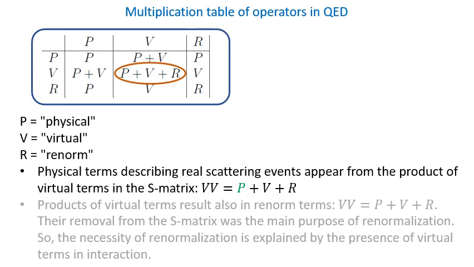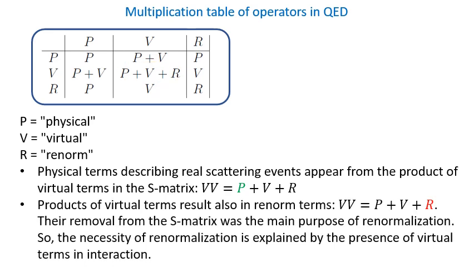This is how desirable physical scattering events make their way into the S-matrix. The bad news is that undesirable renorm terms also result from the product of virtual interactions. These are the renorm terms which we were trying to remove by the renormalization trick.